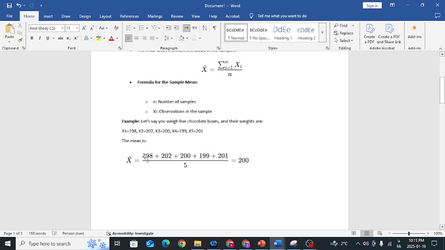According to this formula, you can get the total of the observations in the sample, the 5 of them, by dividing by the number of samples. This is the x bar. The average of the observations in the sample is 200. The average weight of the chocolate boxes in 5 samples is equal to 100.